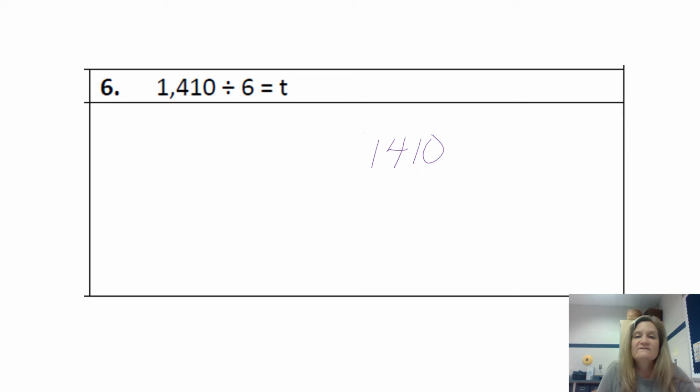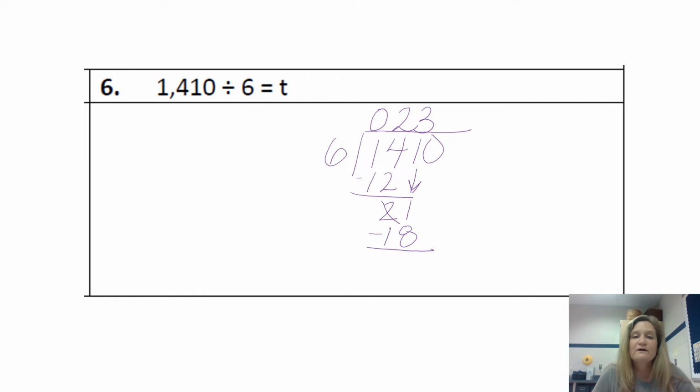1,410 divided by 6 is our next question, which is question number 6. 6 cannot divide 1. It can divide 14 twice. 2 times 6 is 12. I subtract and I get 2. Bring down the 1. 6 can divide 21 3 times, which is 18.